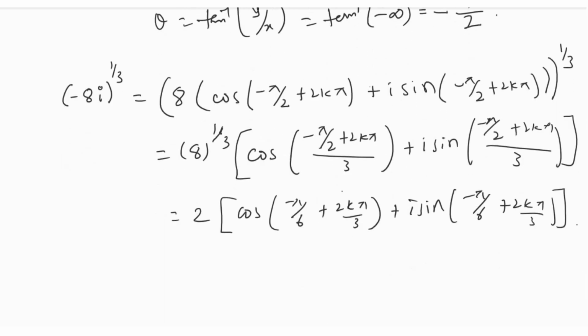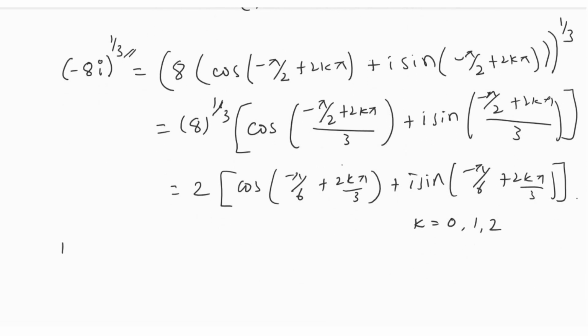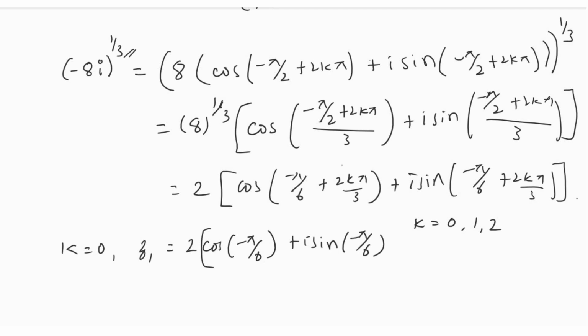What is the value of k? k runs over 0, 1 and 2, because the value of n here is 3, so it goes up to 0, 1, 2. For k equal to 0, denote this as z1, that is 2 into cos minus pi by 6 plus i sin minus pi by 6.